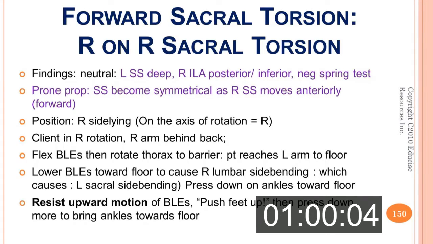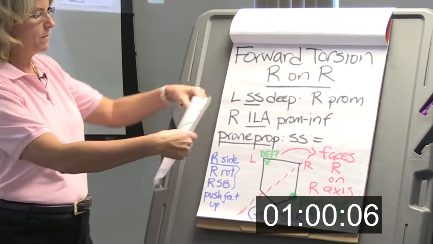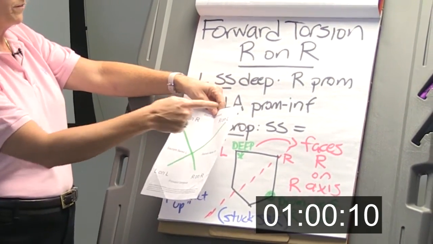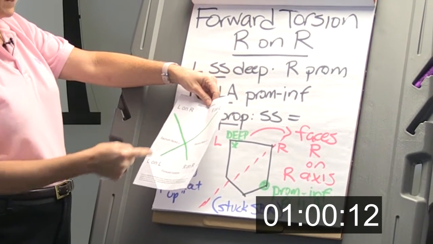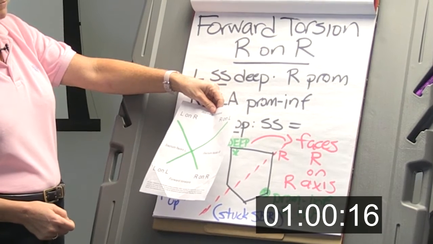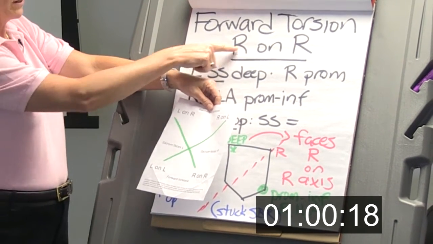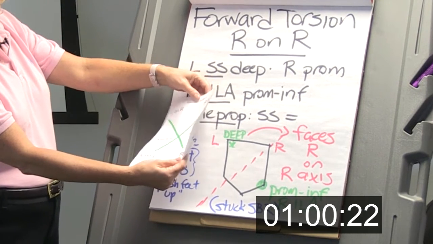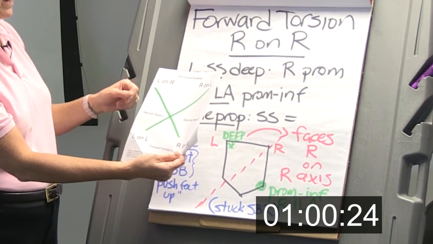So forward torsion, right on right. If I'm taking out my little paper here and I'm looking to see what part of the sacrum, left or right sacral sulcus, left or right ILA, is going to be prominent on my palpation. Right on right is where on the paper? Down here. So what do we have?